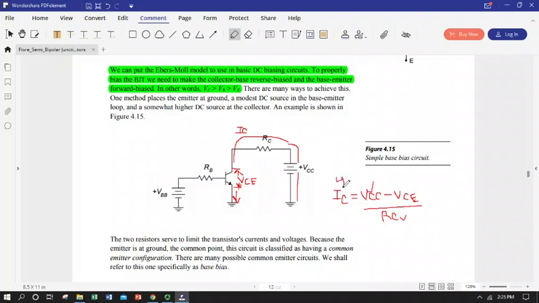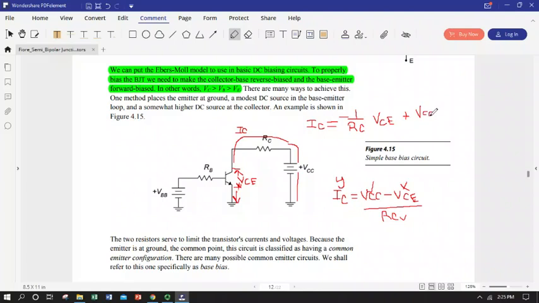If I had the Y and this is X, I could rearrange this to look like a line equation. So I could say my Y, because I'm going to plot collector current on the Y-axis, equals negative 1 over R sub C, there's my slope, times my VCE, plus, just rearranging the math.